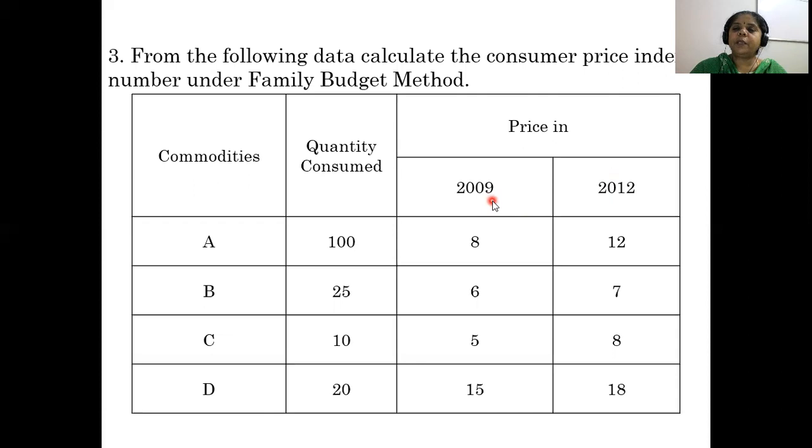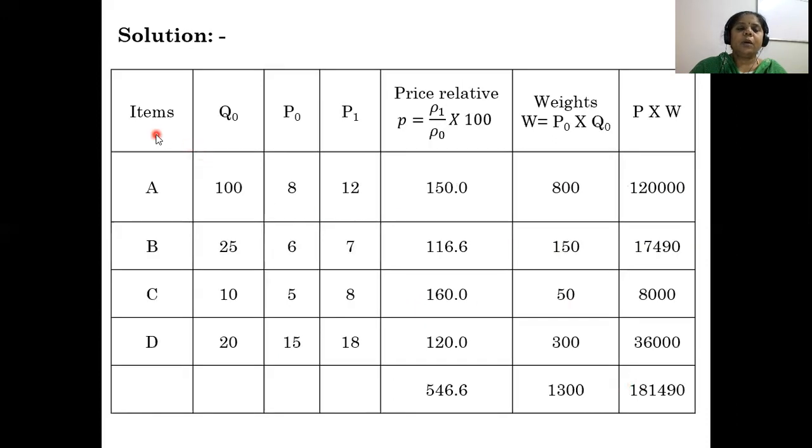So this is P0, this is P1. Commodities A, B, C, D, four commodities are given, with quantity consumed, base year price and current year price. So items: Q0, P0, P1.